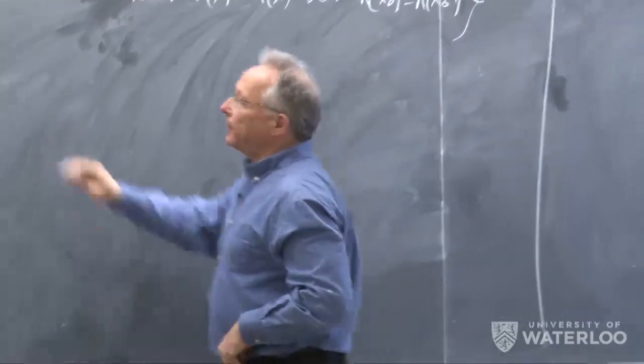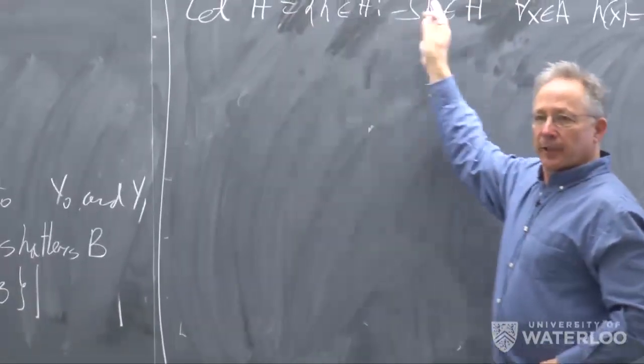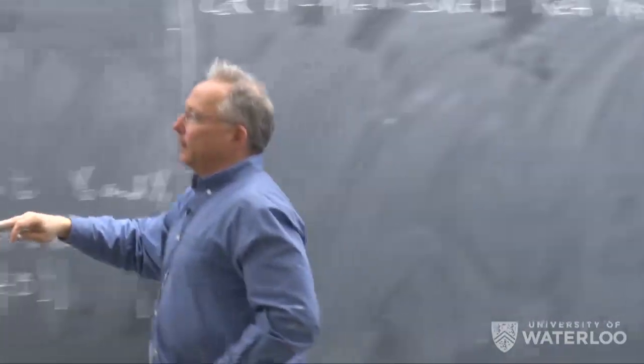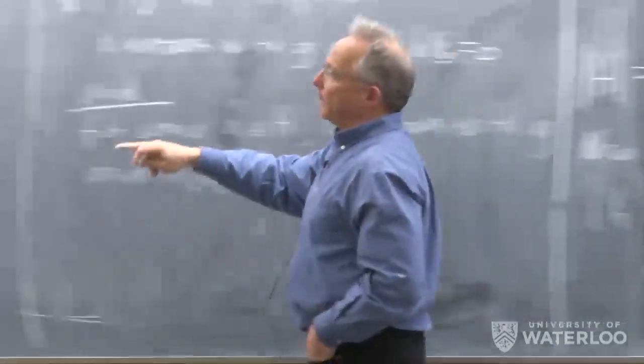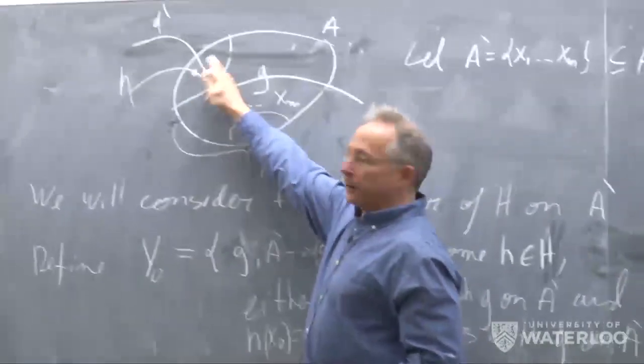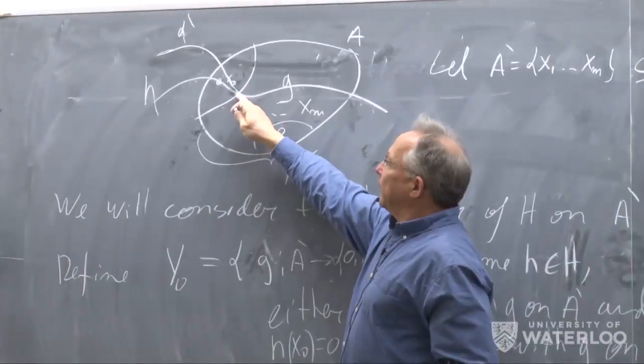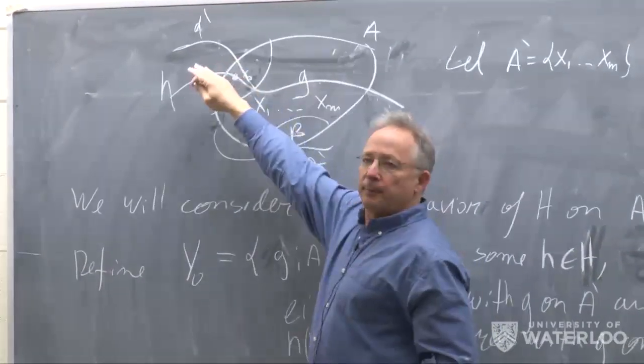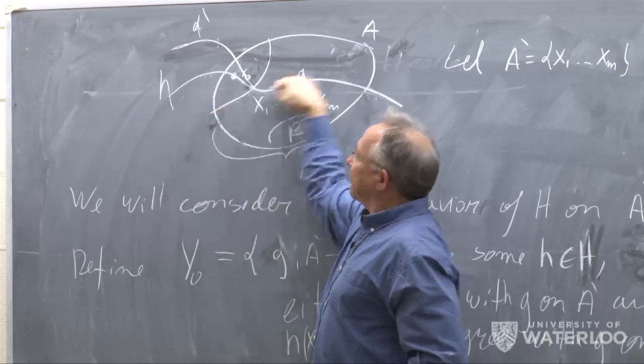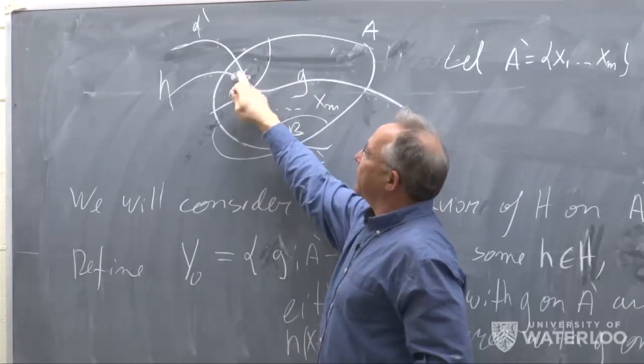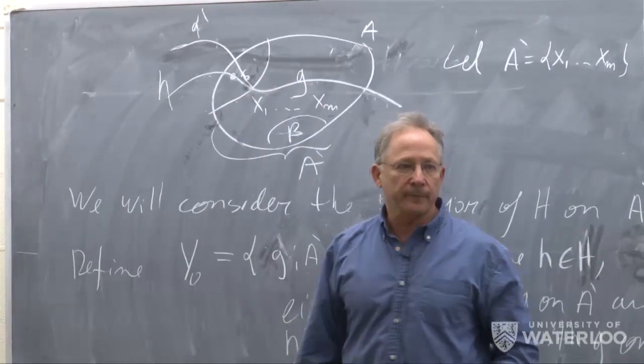So what do I count here? I count all the functions that have duplicate behavior on x0. I count all the functions that have a brother that agrees with them everywhere and doesn't agree only on x0.